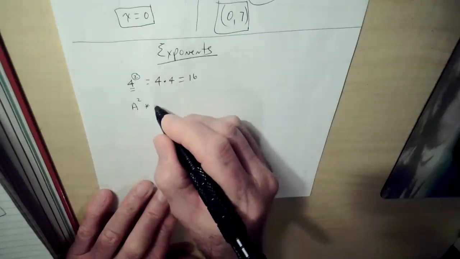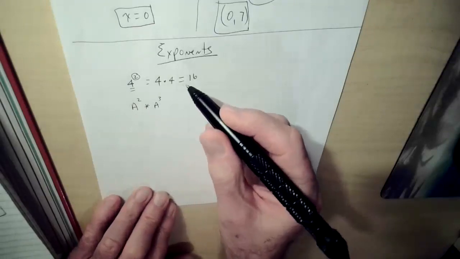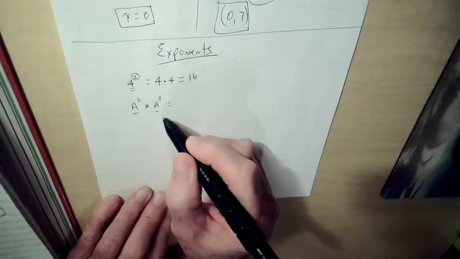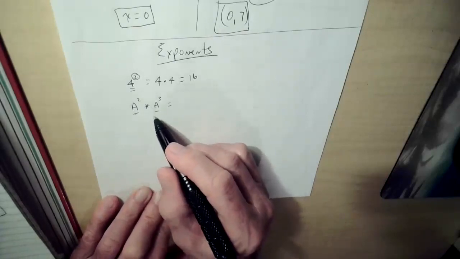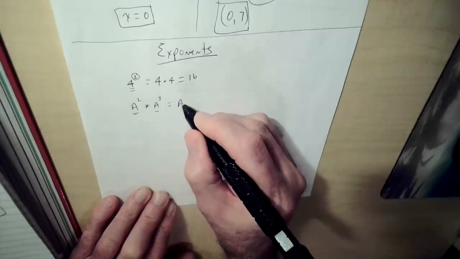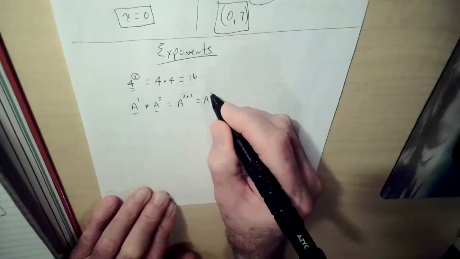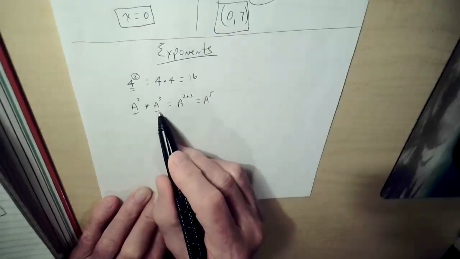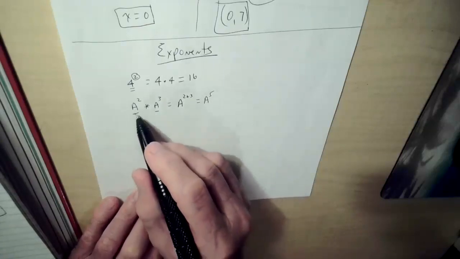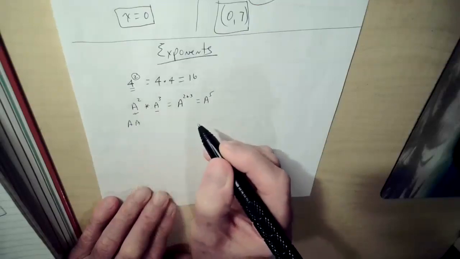Now, what happens if we have a squared times a cubed? If you have the same base numbers, what do you do with the exponents? You add them. Same base numbers, and you're multiplying, you add the exponents.